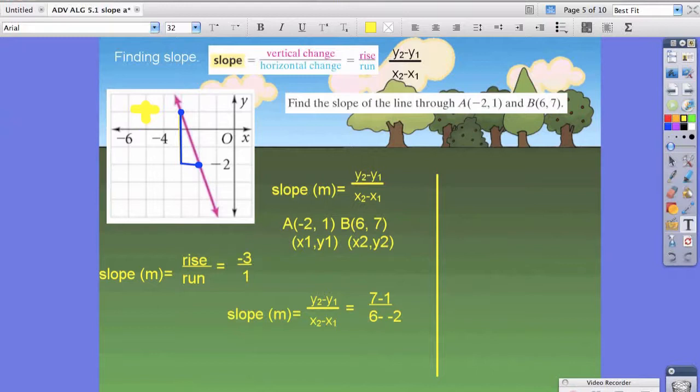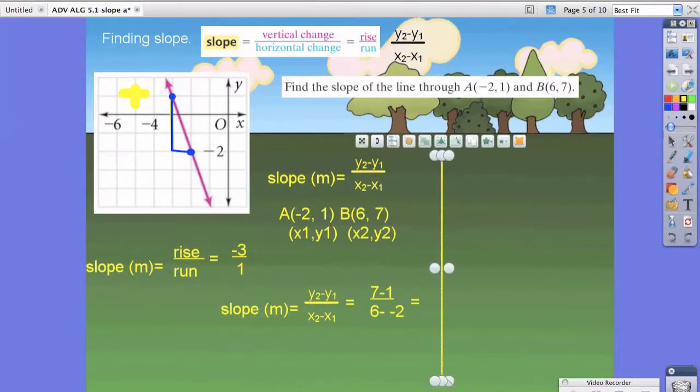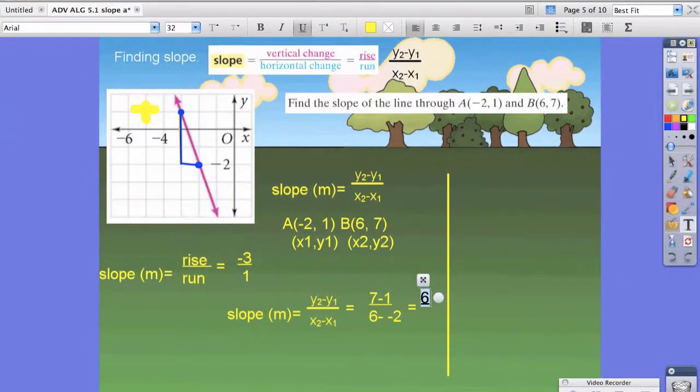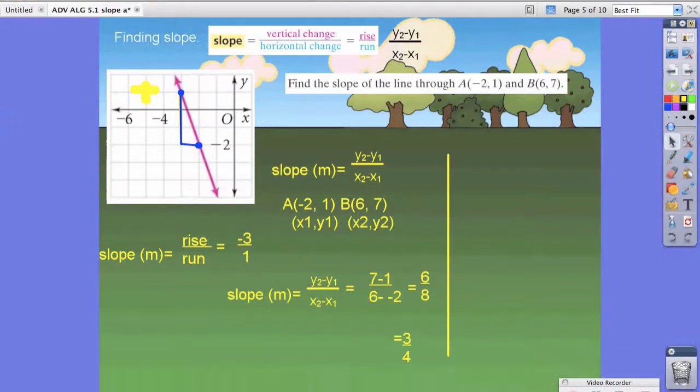When you solve that, we get 7 minus 1 is 6. And 6 minus -2 becomes 6 plus 2, which is 8. So we get 6/8 or 3/4. Or 3/4 is our answer.